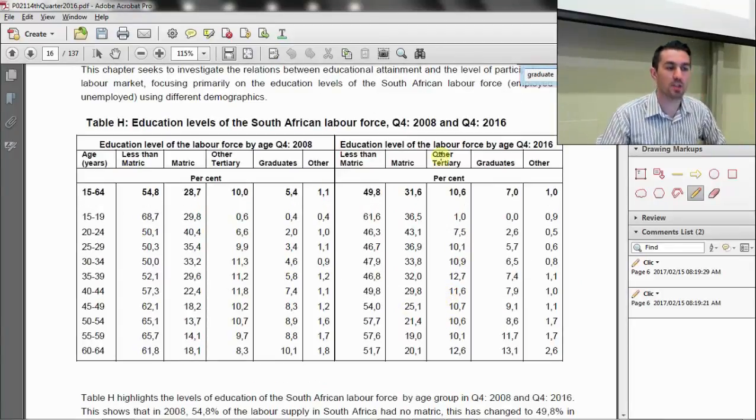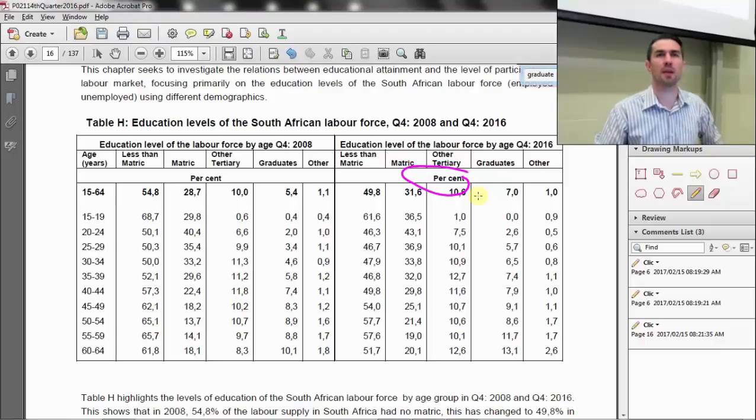Okay, here's education level, right? So, if you have less than matric, I think this says percent. I think this is the unemployment. I'm guessing.